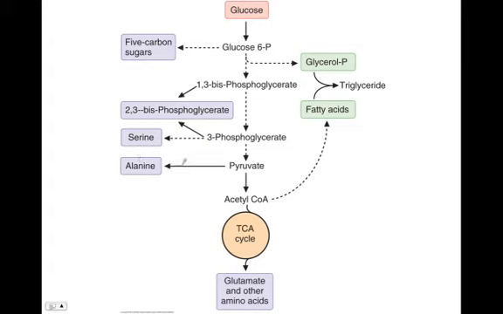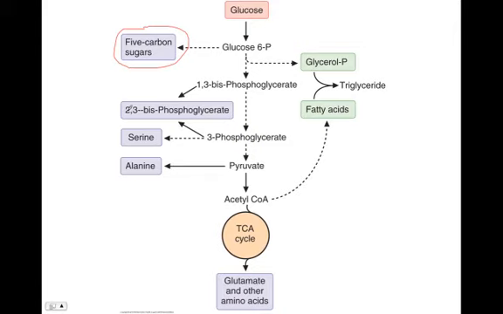So there are other functions of glycolysis besides generating reducing equivalents for electron transport. First off, glucose 6-phosphate, as we've said, can go to glycogen synthesis, or it can generate 5-carbon sugars via the pentose phosphate pathway. And we know that 5-carbon sugars are required for the synthesis of nucleotides.